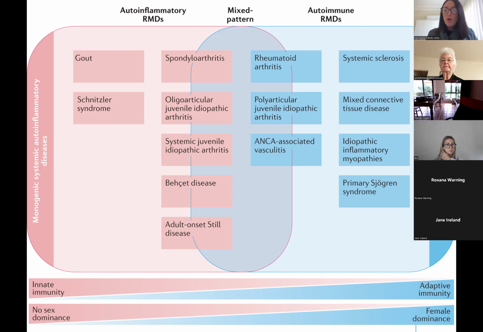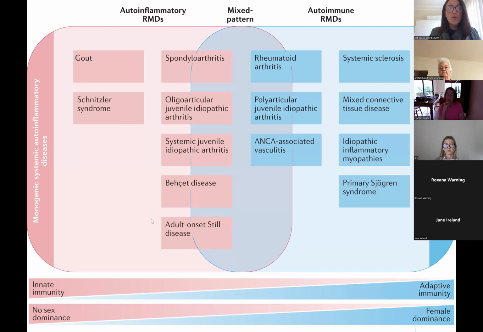So as you can see on the slide, we have that red end of the spectrum being autoinflammatory. Now, I'm certainly not going through all of these, and some of them I'm not even too sure what they are in depth, but you can see how a form of arthritis, gout, which is one of the most common forms, sits on that autoinflammatory side of things. It's not necessarily an issue with the actual immune system.